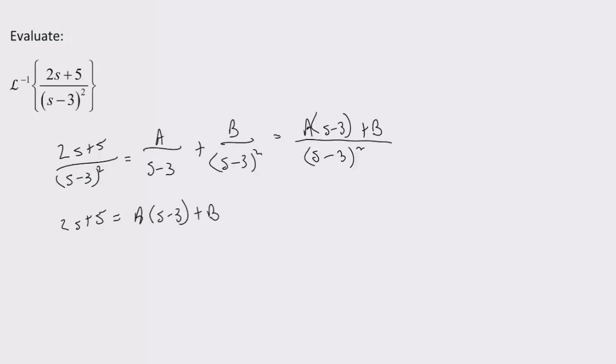And then we get to do a little bit of solving. So this is where smart x's, or smart s's we'll call them, would be helpful. So maybe I want to try s equals 3 and see what that tells me. That should tell me what b equals. So 2 times 3 plus 5. And then the a term gets canceled out when s is equal to 3. So that tells me that b is 11.